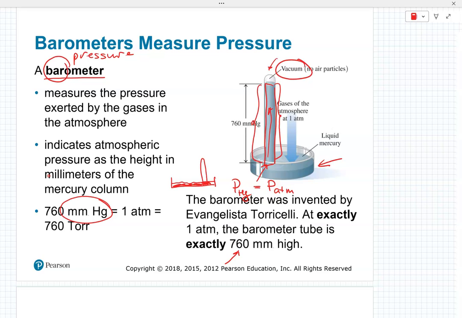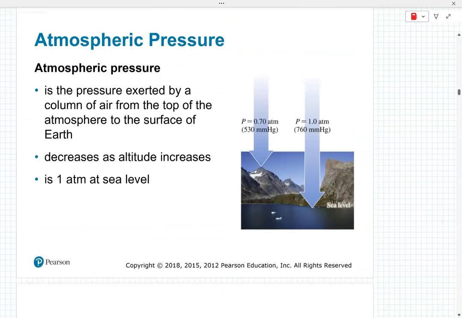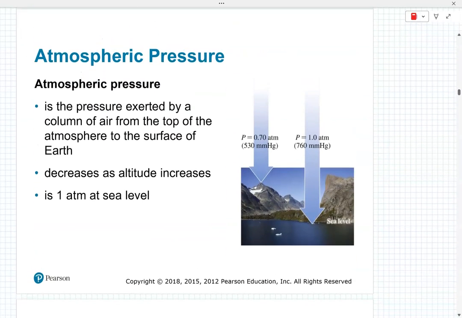Okay, does that make sense? This is equivalent to 1 atmosphere, or 760 torr. Okay, does that make sense? We already mentioned that atmospheric pressure is the pressure of the atmosphere from the top to the surface.